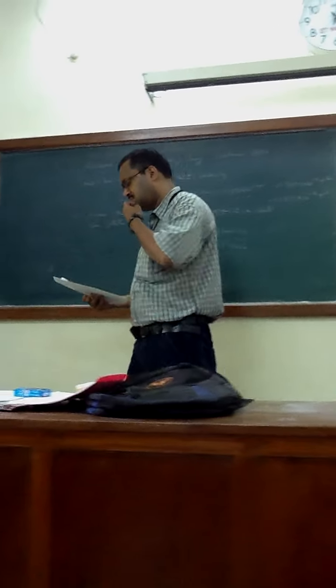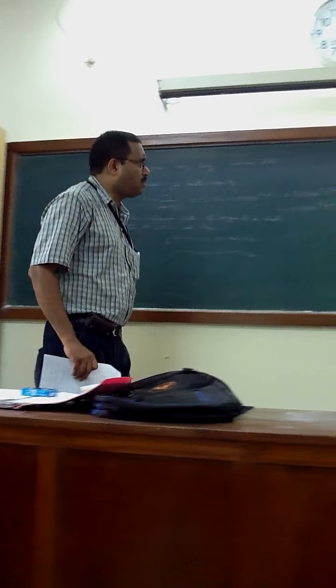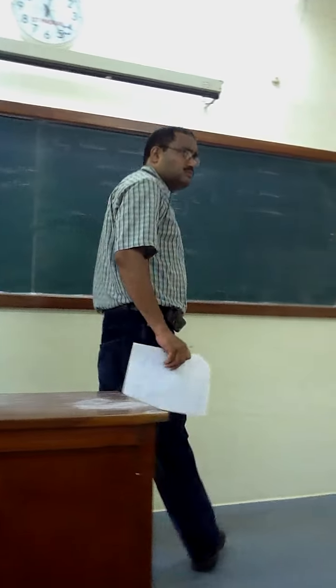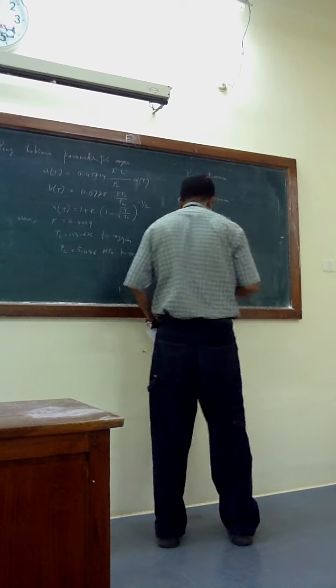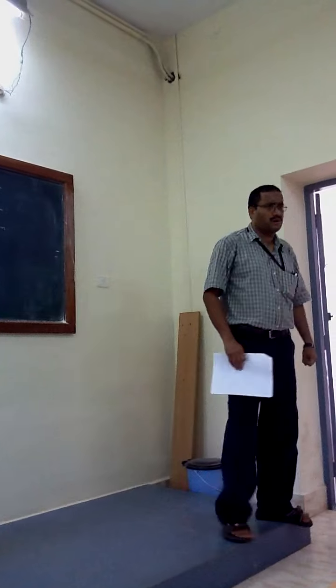So for the PV diagram, you know how it looks. Of course, we have not done it earlier based on the Peng-Robinson relation. We have done it for the Van der Waals equation.